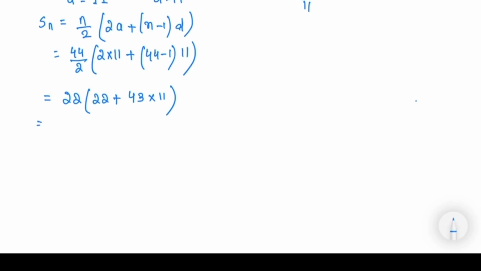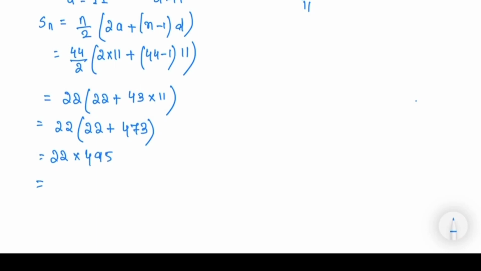Now let's solve it. 22 plus 43 times 11, 43 times 11 will be 473. Now you add 22 in that, so it will be 22 times, because the bracket means times, 495.